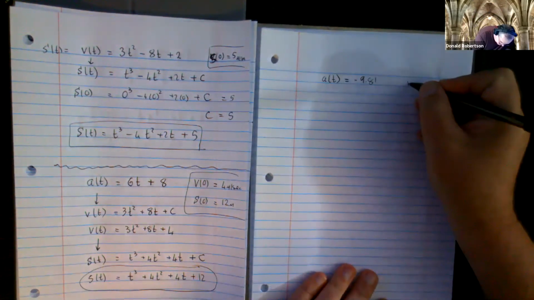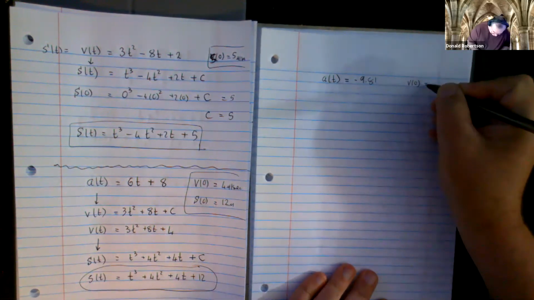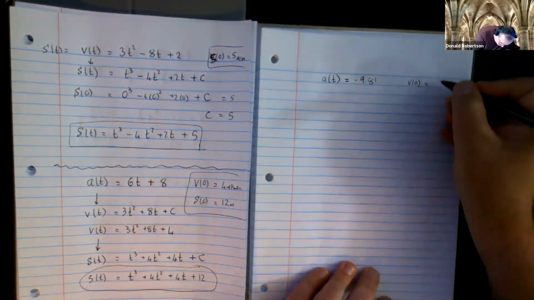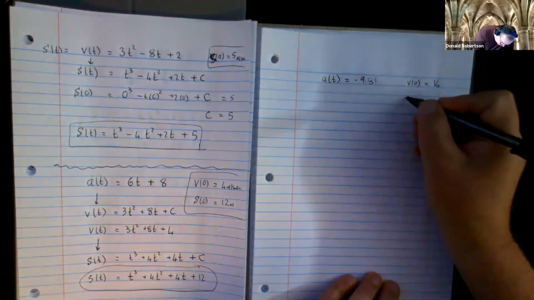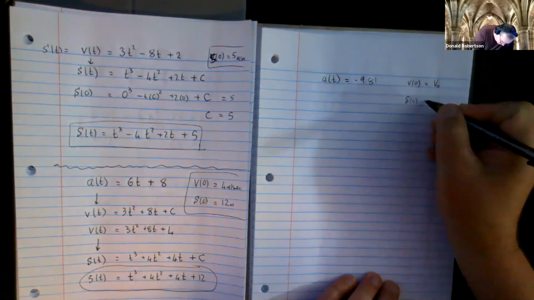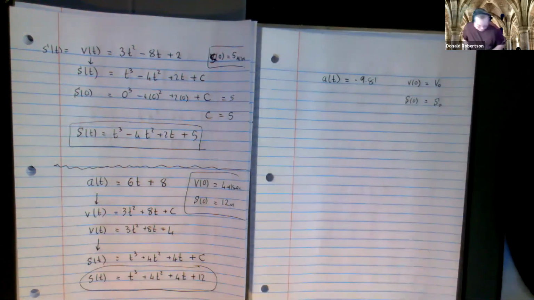Now, the velocity of an object at time 0, I'm going to call it v0. You call things in physics v0 and u0 and s0 and t0 and things like that. Are you used to that notation? And the position at time 0, I'm going to call it s0.